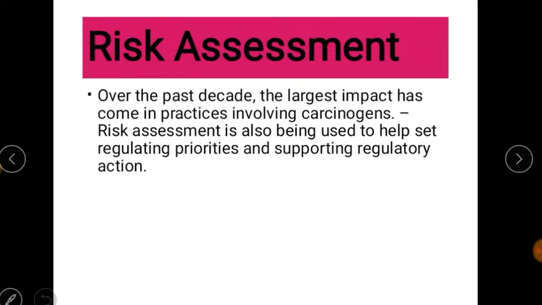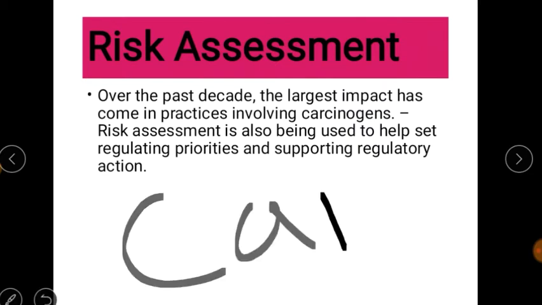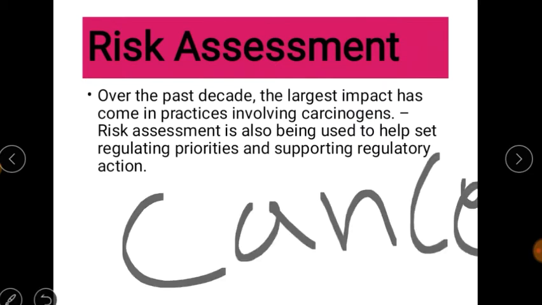Then over the past decade, the largest impact has come in practices involving carcinogens. Carcinogens are those toxins which can cause cancer. In the last 10 years, we have got the largest impact because of these carcinogens. These carcinogens are the pollutants which come out due to different industrial practices.